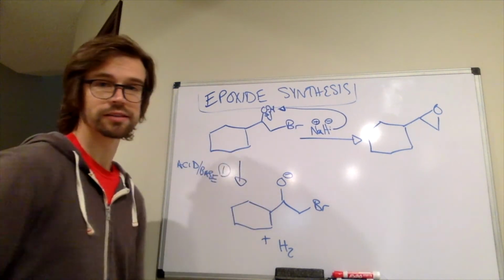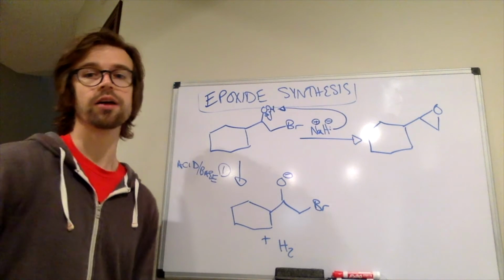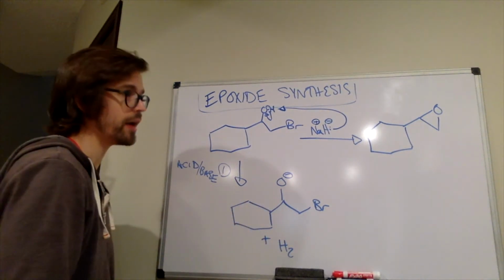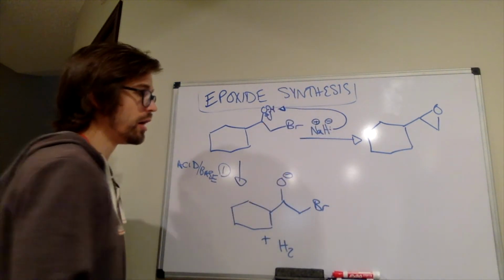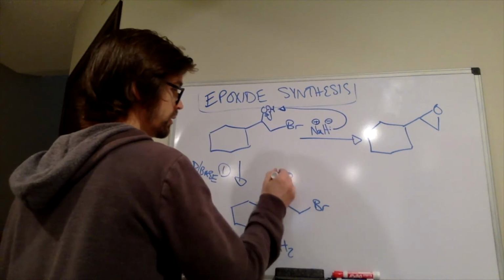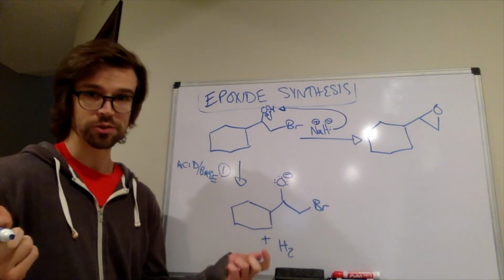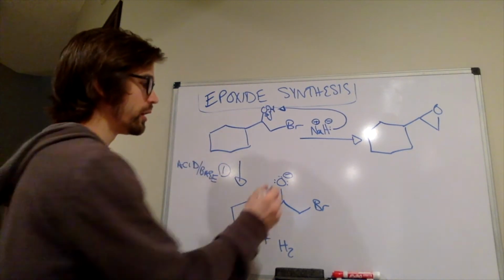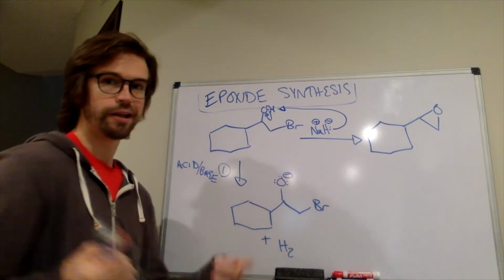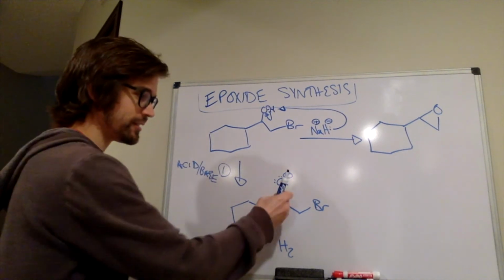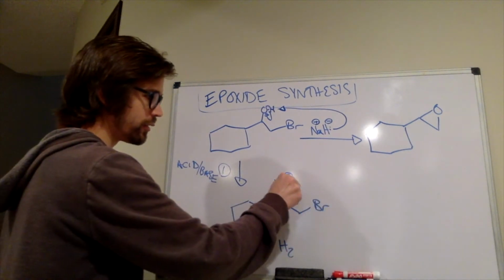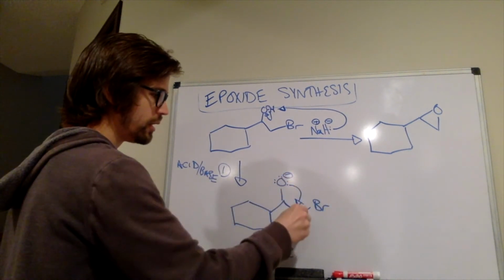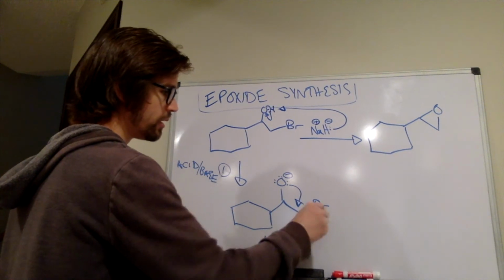So now we have our alkoxide, which is a strong nucleophile. We have our bromide. How does the next step occur? Well, it's just going to be a substitution. The only thing that's kind of new here is it's intramolecular. This oxygen is actually in very high concentration because it's literally being held right next to that leaving group. So it will come down and kick out that bromide.